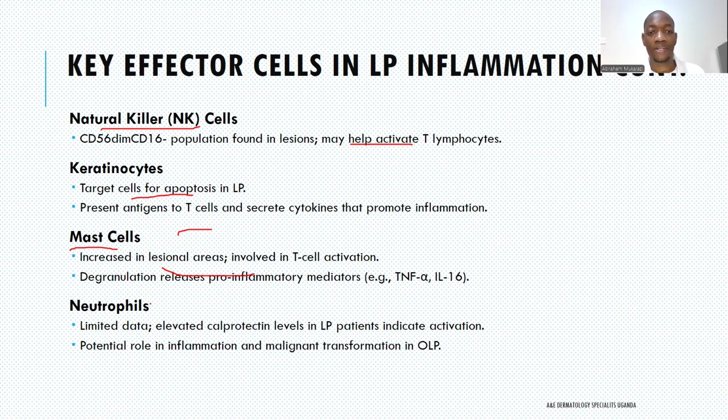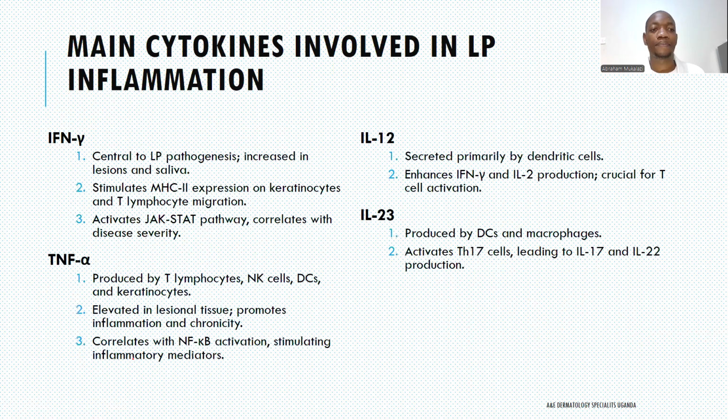They produce those MMPs and other pro-inflammatory mediators like interleukin 16, tumor necrosis factor, and the rest. And then you have neutrophils. There's limited data for neutrophils, and most of the time there are just a few scattered neutrophils, but most times they are not present in lesional skin.